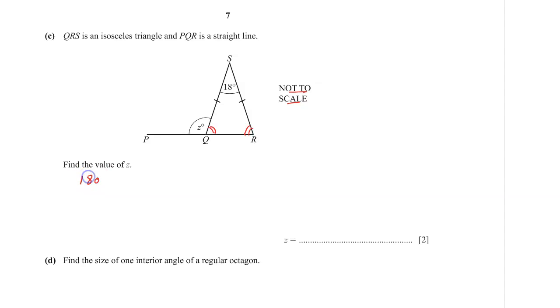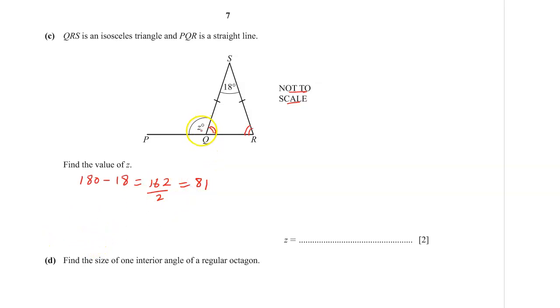So 180 minus 18. This should give us 162. Therefore, we divide by 2 to get each one of these angles here. So when we divide by 2, we get 81.